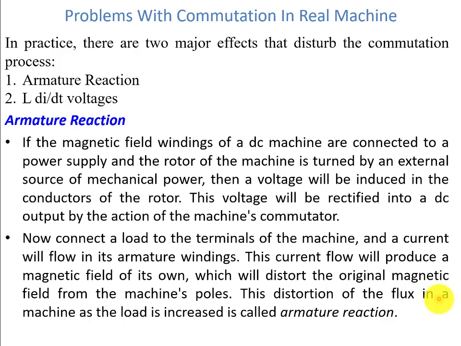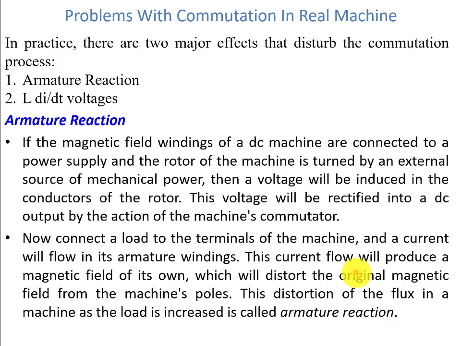So here we have the same phenomena. If the magnetic field windings of the DC machine are connected to the power supply and the rotor of the machine is turned by an external source of mechanical power, then a voltage will be induced in the conductors of the rotor. This voltage will be rectified into a DC output by the action of the machine's commutator. Now connect a load to the terminals of the machine, and current will flow in its armature winding.